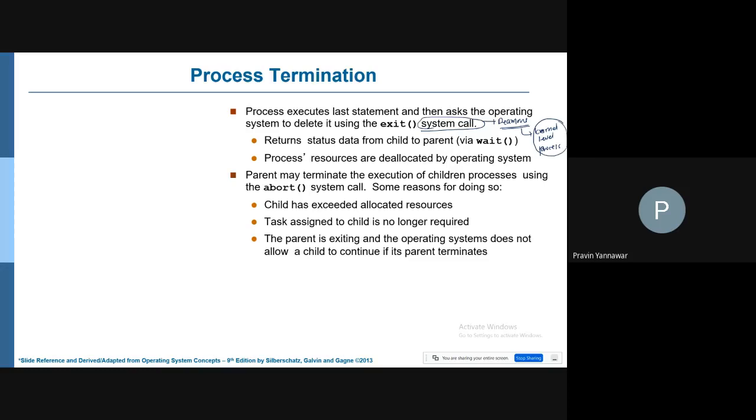Either the system call will be exit, or you can return the status of the child to a parent via wait. That can be done, or the process's resources are deallocated by the system.